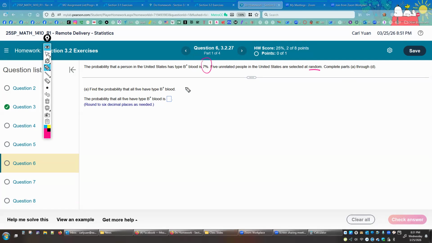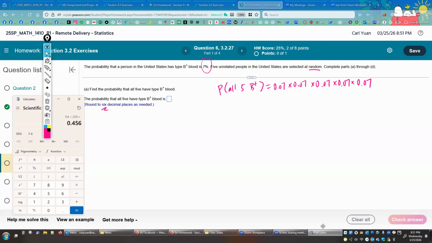All right. So first, what's the probability of all 5 being B pluses? Okay, so all 5 would be 0.07 times 0.07 times 0.07 times 0.07 times 0.07. We need 6 decimal places. Let's see what that number would be on my calculator.